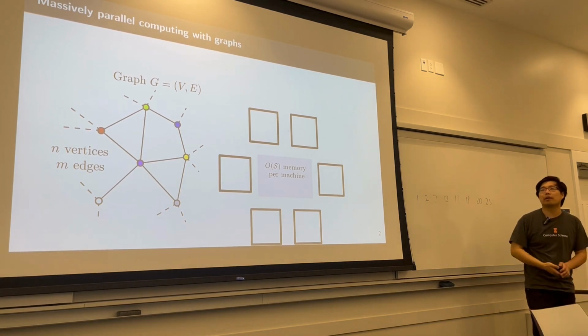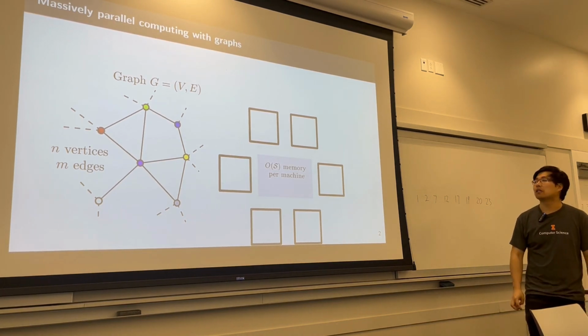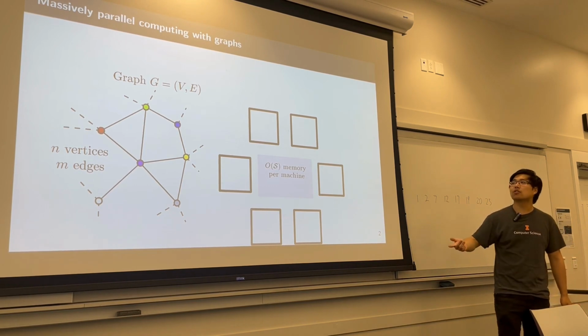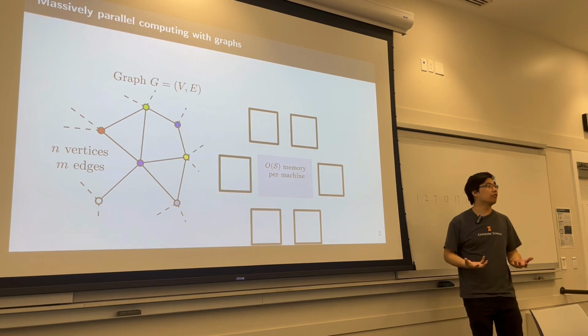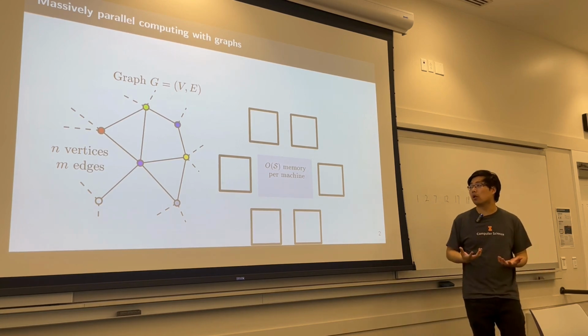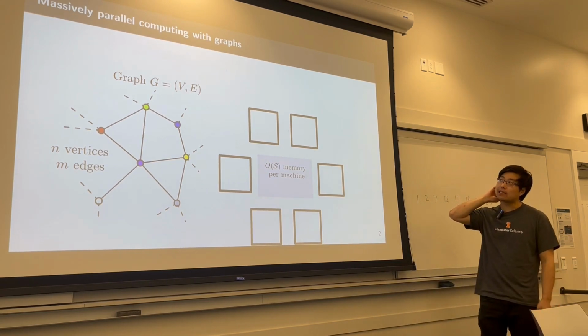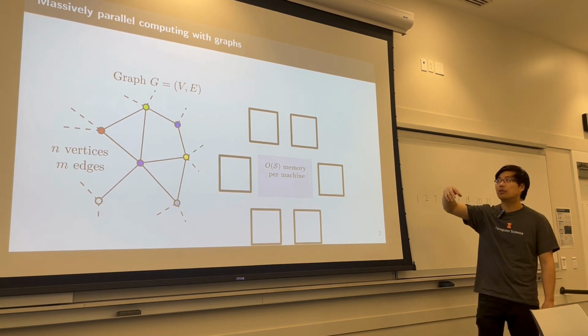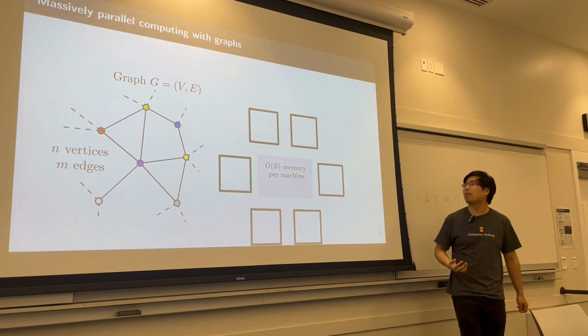So let's talk a little bit about massively parallel computing. This is an alternative, parallel model of computation, and it's especially well suited to deal with large amounts of data.